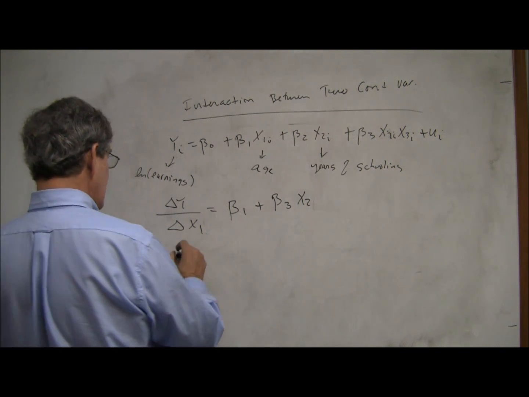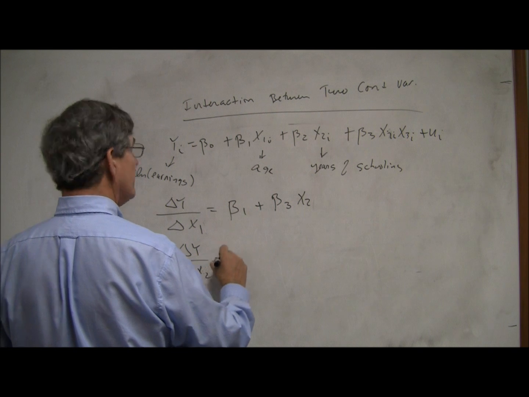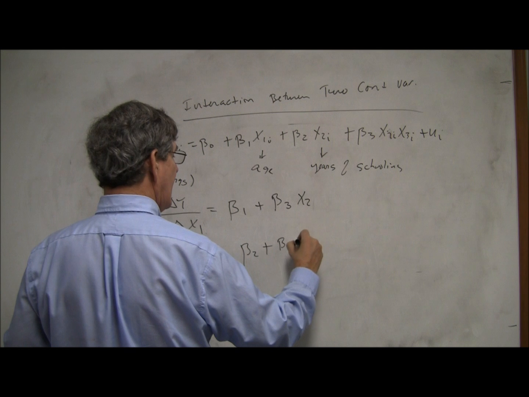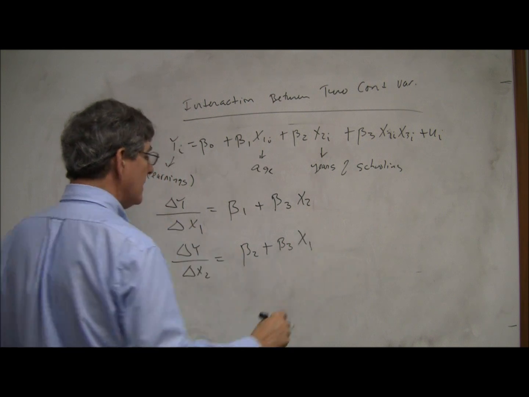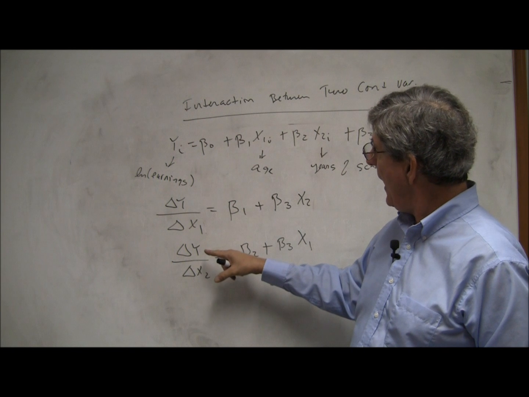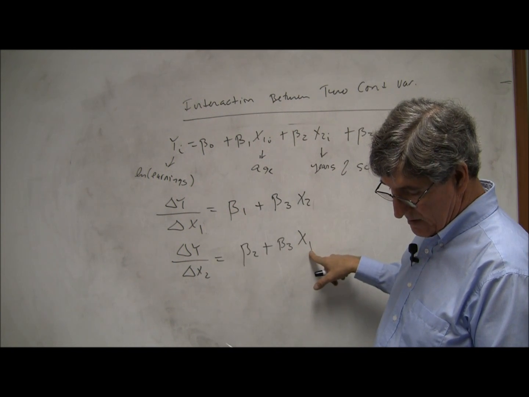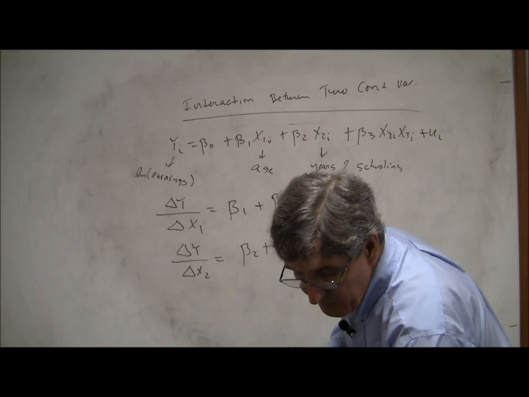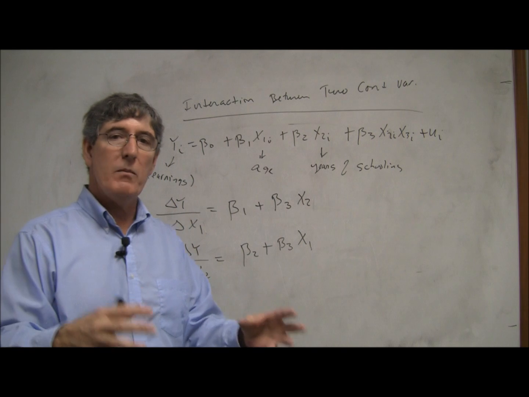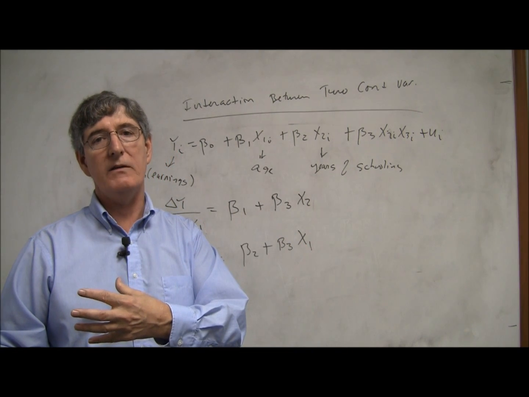And it's also the case that the change in y due to a change in x_2 is beta 2 plus beta 3 x_1. So the effect of schooling on earnings depends upon age. And so this allows the effect of one continuous variable to depend upon the value of another.